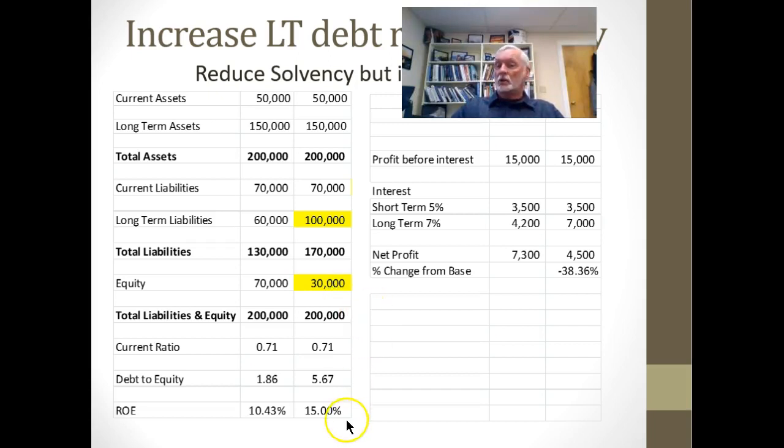And that's what stockholders care about. They own a bigger share of the company because we've reduced the amount of equity investment. So here, return on equity goes up. Solvency becomes much riskier, much less sure. So we've increased risk, but we've increased the return to our shareholders.